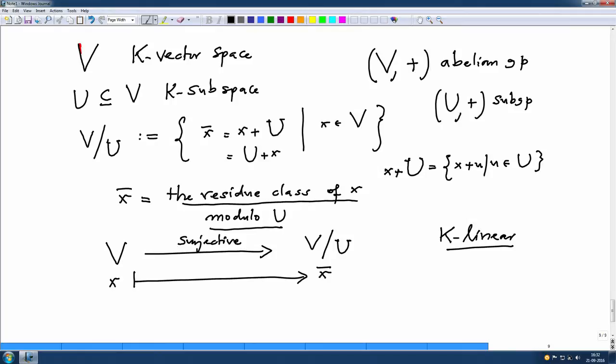So let me define therefore the addition on this V by U and also scalar multiplication, and obviously it will come from the addition of V and the scalar multiplication of V. And what do we want?